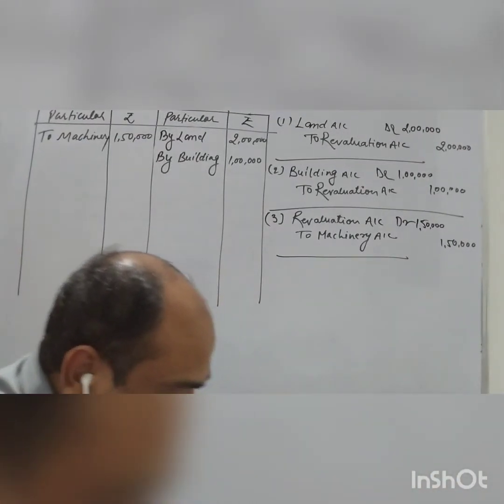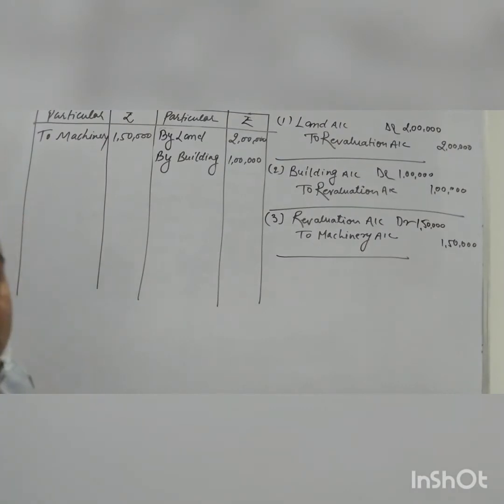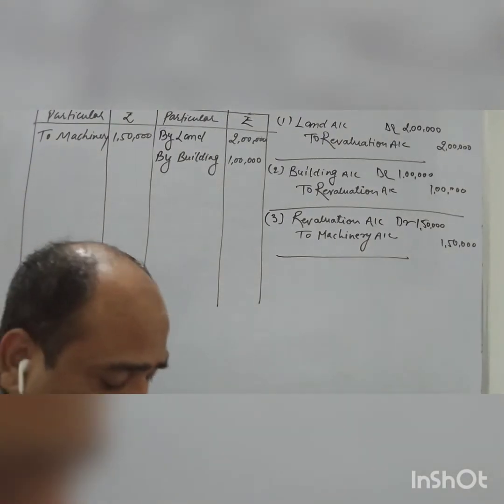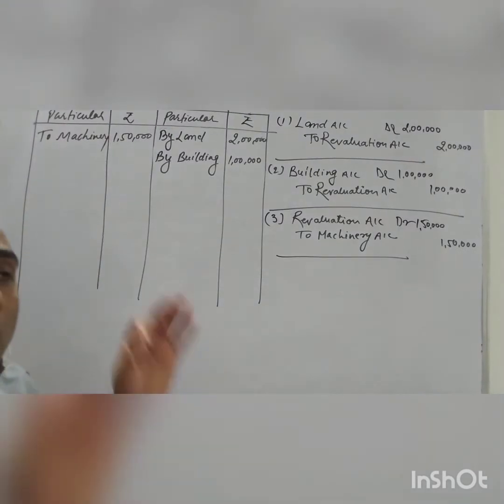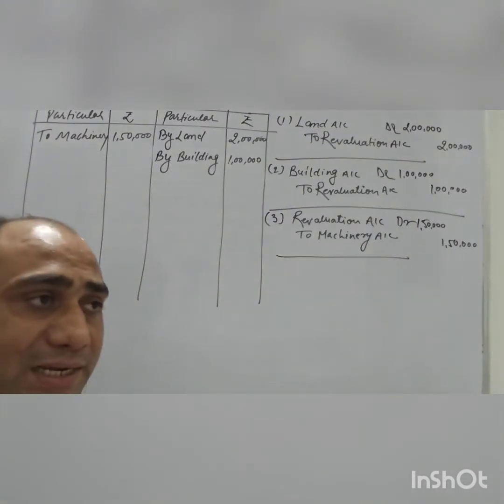Next adjustment is given over here. Provision for doubtful debt is 20% on debtor. So now you can see the debtor in the balance sheet. The value given is 1 lakh rupees. On 1 lakh we will calculate 20% bad debt.